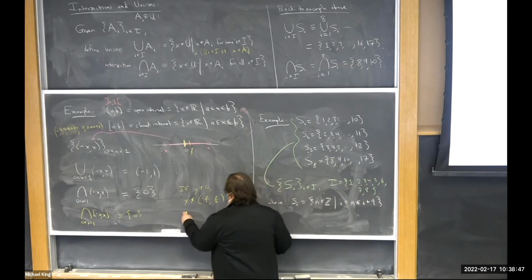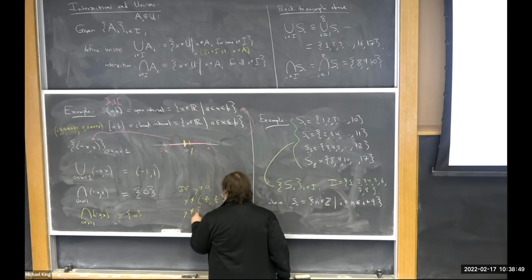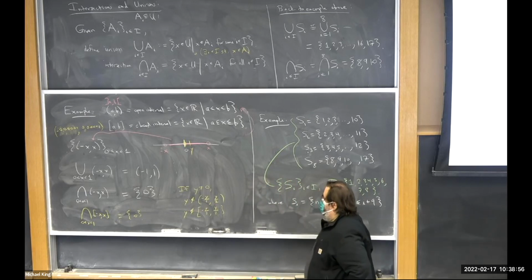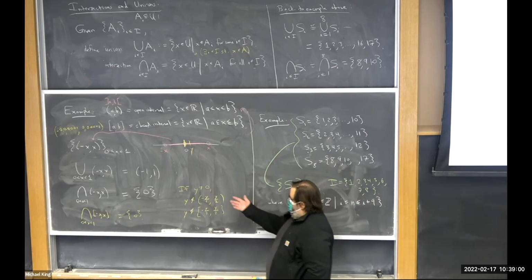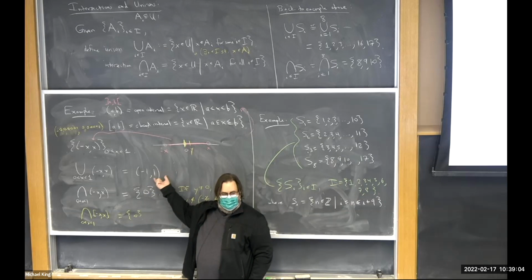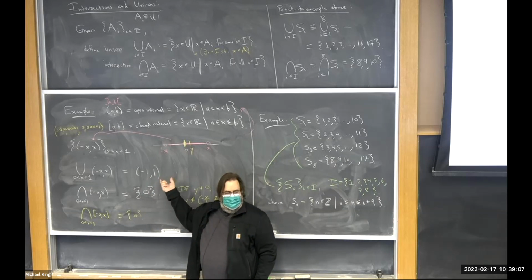This would be the same if it was closed, right? So in fact, these give the same intersection. But what's interesting here is that these are infinite unions and infinite intersections. And it turns out that an infinite union of open intervals is always open.